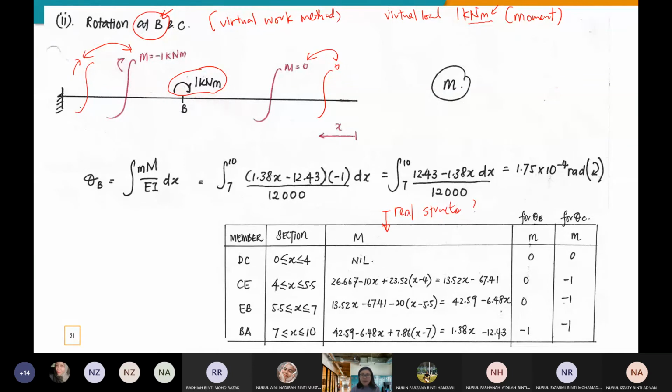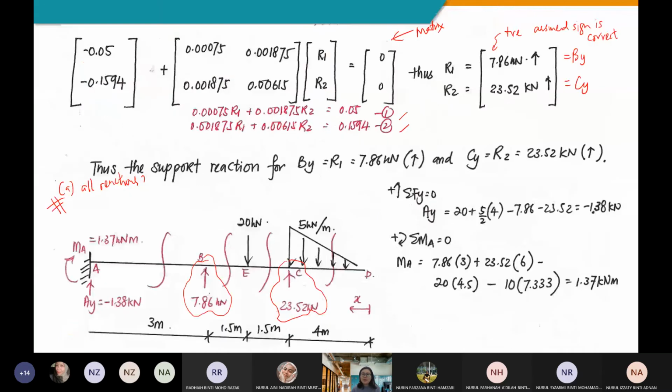So the moment for the real structure means that after you obtain this BY and CY, you need to cut sections again and get these moments. And these moments are all from the real structure, not from your primary structure, not from your virtual structure.